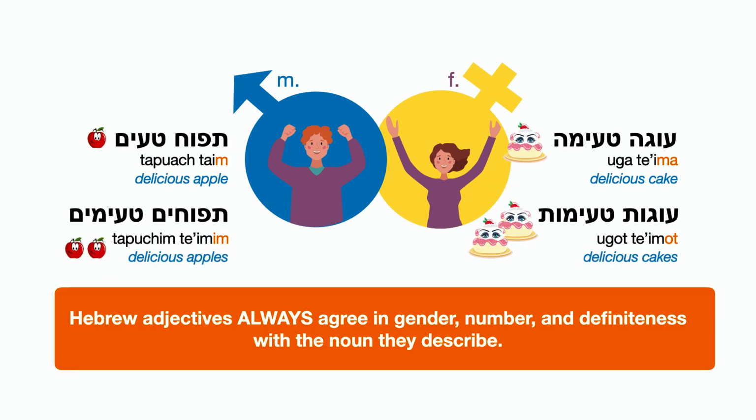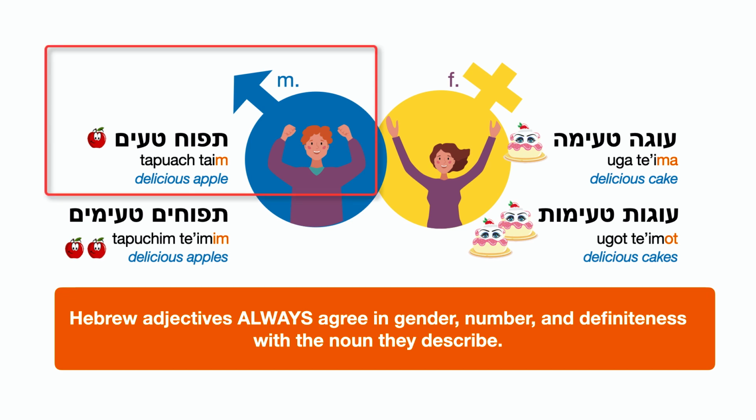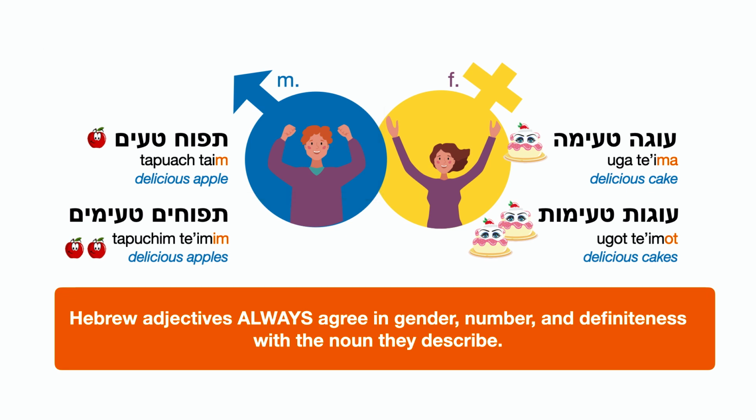Now, an important principle to understand is that Hebrew adjectives will always agree in gender, number, and definiteness with the noun that they describe. Let's look at these examples. So, tapuach ta'im, that means delicious apple. Because tapuach is a masculine noun, we use the masculine adjective delicious to describe it. But look at cake.